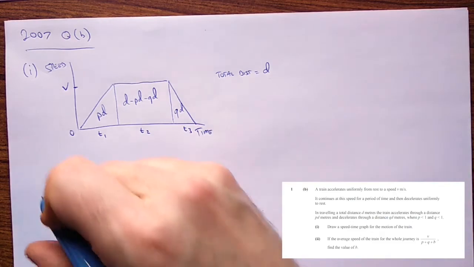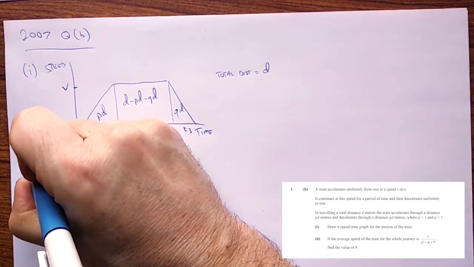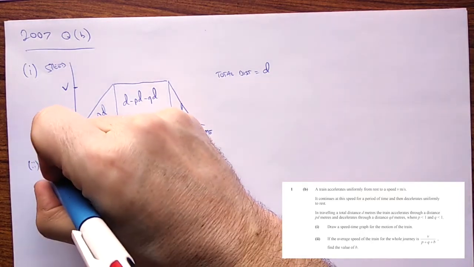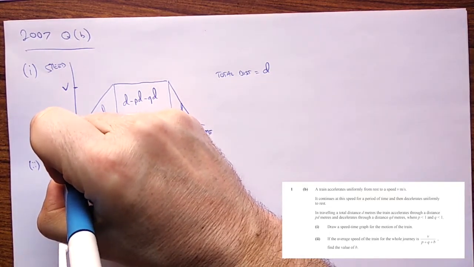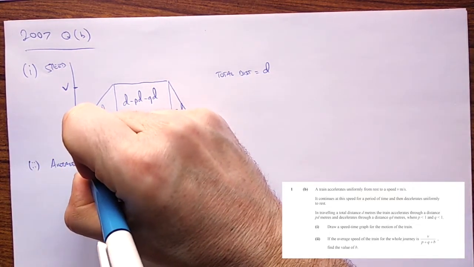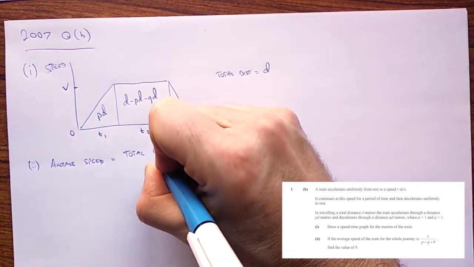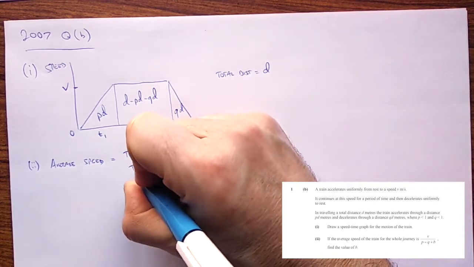Now, part 2: if the average speed of the train is v over p plus q plus b, find the value of b. Let's have a think about this. The average speed is the total distance over the total time.